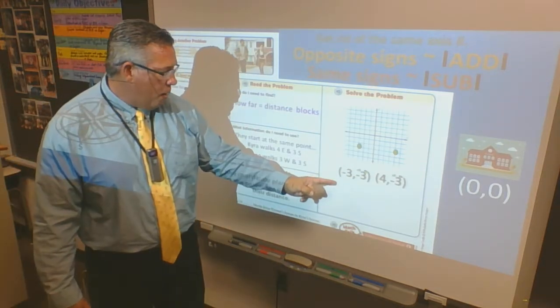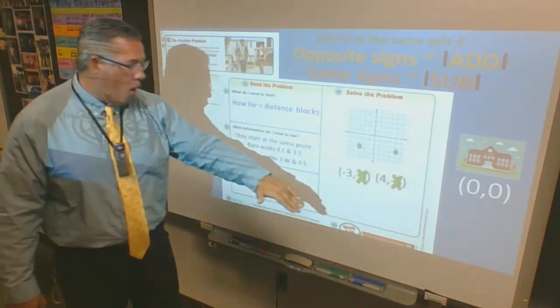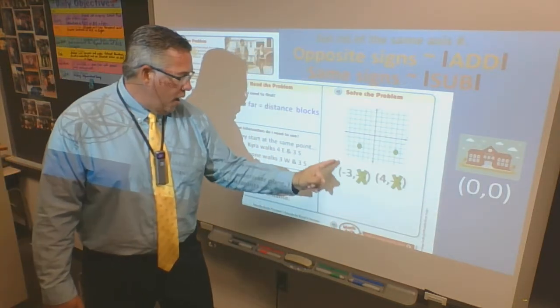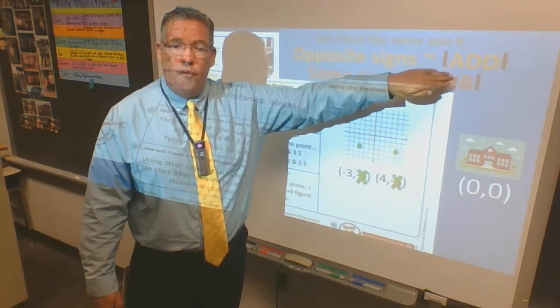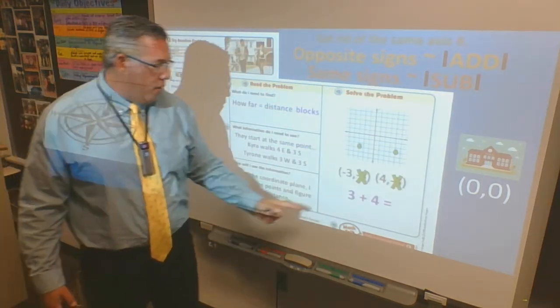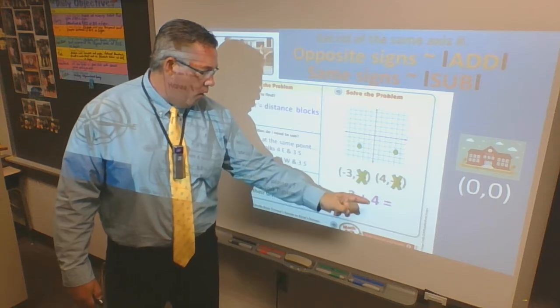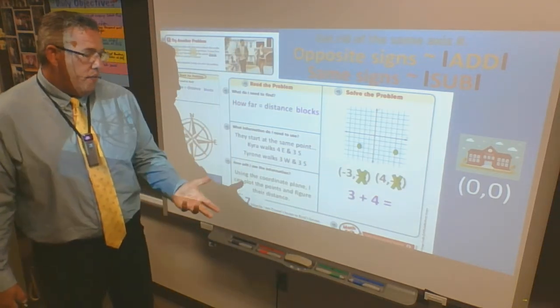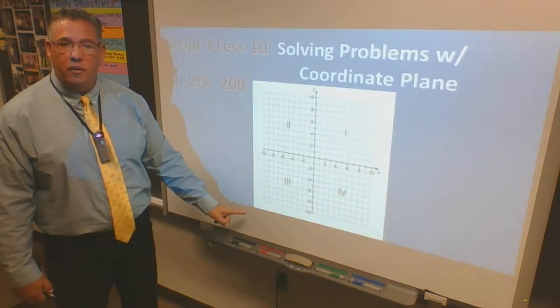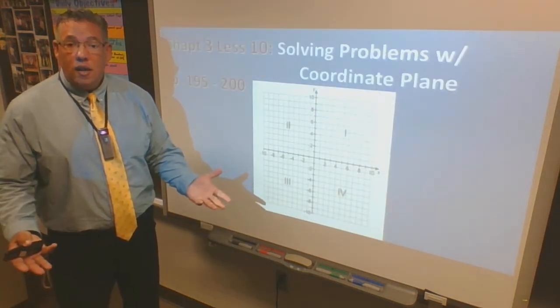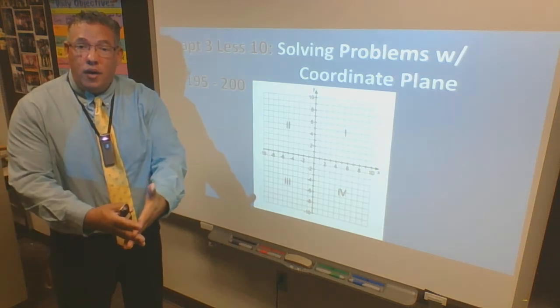But these are opposites. So if I get rid of my y's of -3s, and then I have a -3 and a 4, I'm going to add their absolute values, their absolute values are worth 3 and worth 4, and that gives me 7. They live 7 blocks from each other. That's the lesson. Quickest lesson of the year, right?